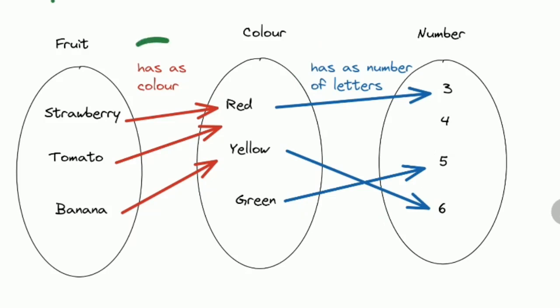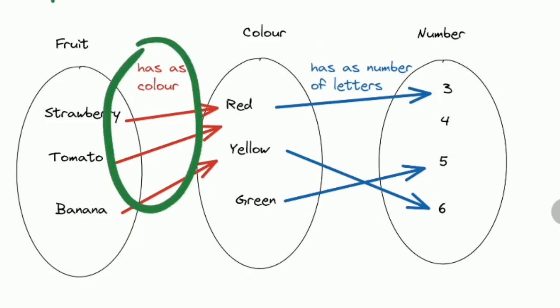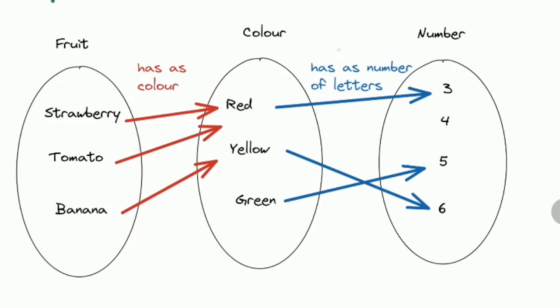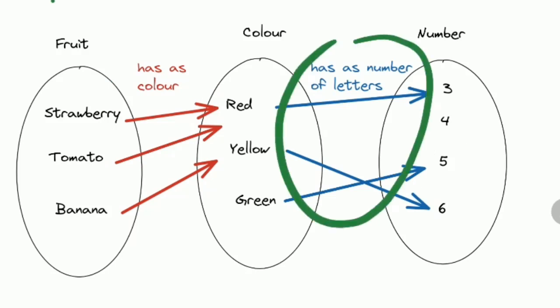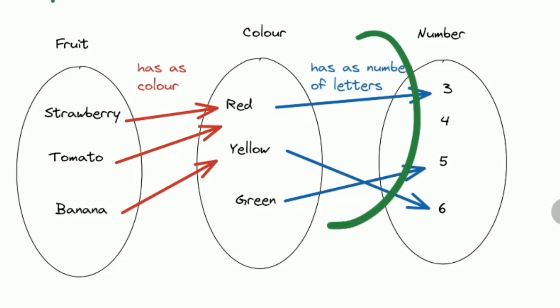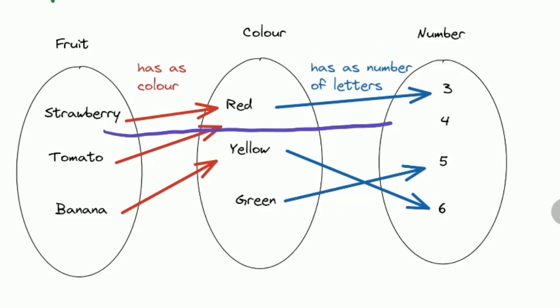And so now we have this red function, which goes from fruit to colour, and this blue function, which goes from colours to numbers. Well, that means we can compose these functions together. And all that means is that we're going to form a new function by going along the red arrows and then the blue arrows.